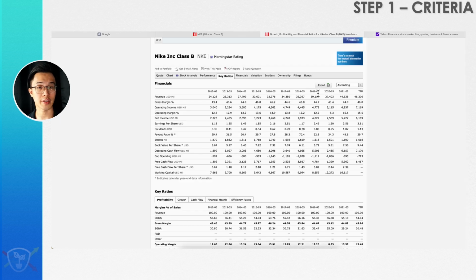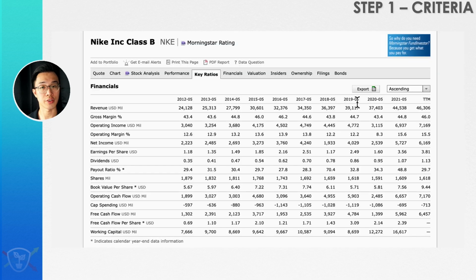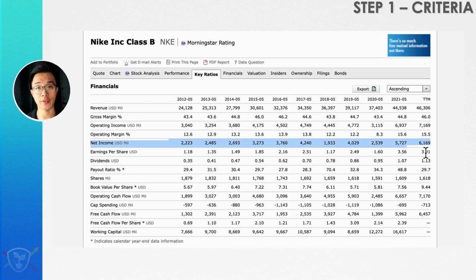So the first criteria is we need to see increasing revenue. Right here we see that Nike has been increasing its revenue over the past 10 years. The second criteria is increasing net profit. Right over here under net income, we see that the trend of net profit is generally upward for Nike. Now the third criteria is what we are going to be projecting.